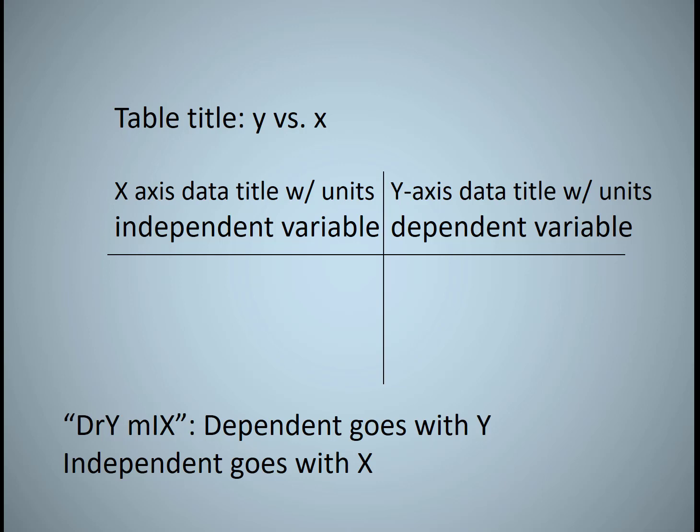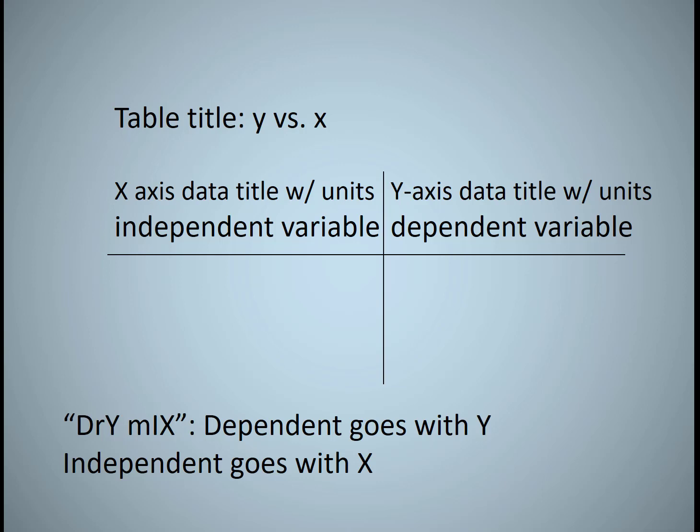When you are recording your data, in the first column you will record that independent variable, whatever it happens to be. So in our experiment that we just did with the volume and the water, I would put all my volume data in this first column. So again, the x-axis data, you need to make sure that you include a title with the unit.